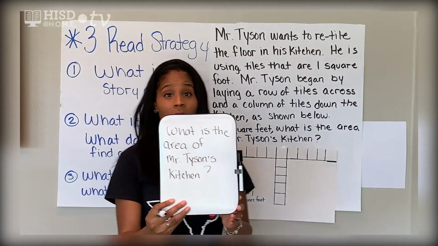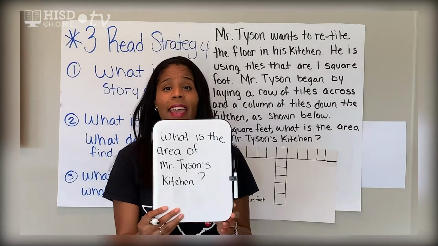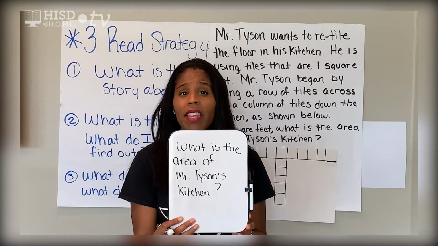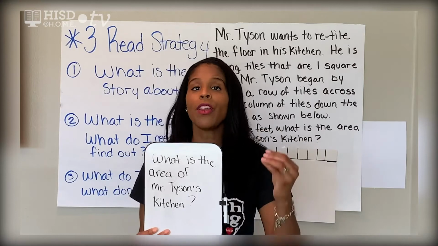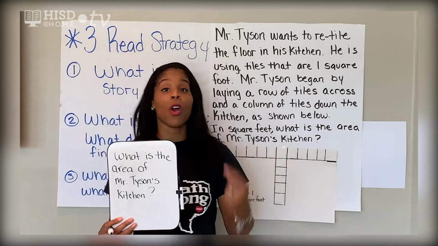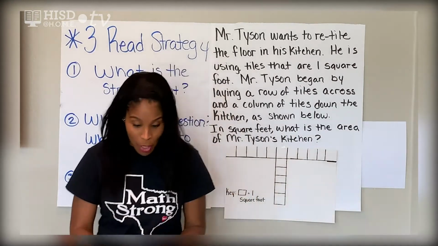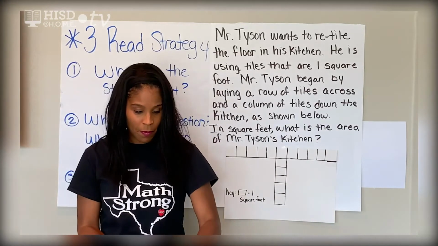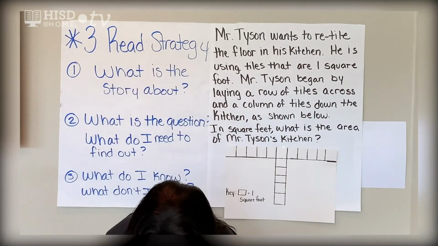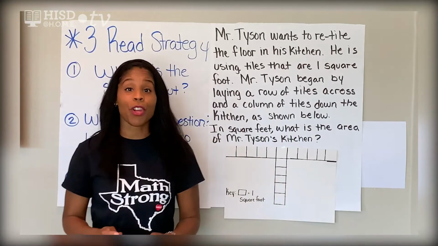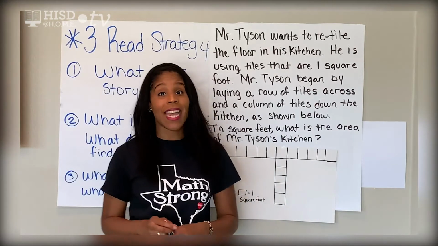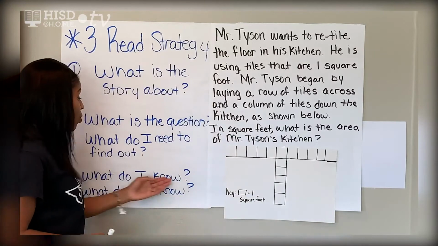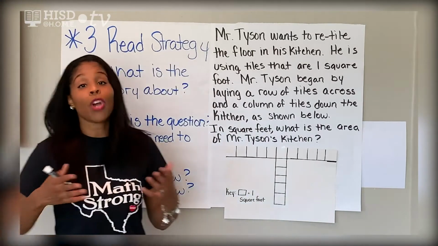So they're asking us, what is the area of Mr. Tyson's kitchen floor? So we know that we're finding the area, and we know some things too. So now I'm going to read for the third time. Now when I read the third time, I want you to pay attention to what you know and what you don't know.